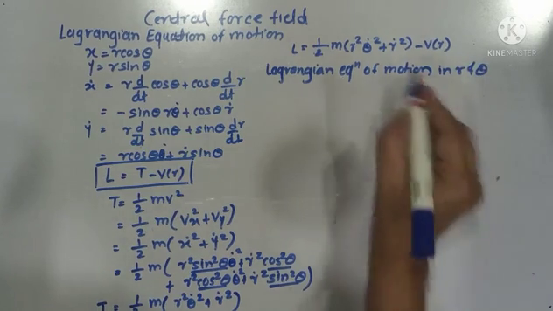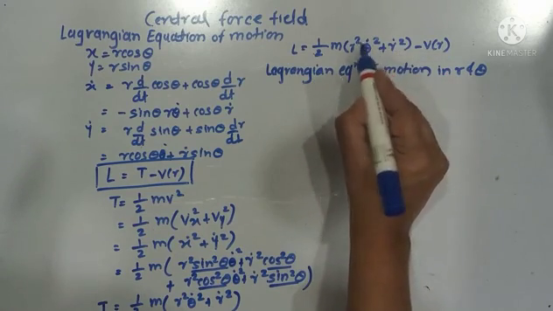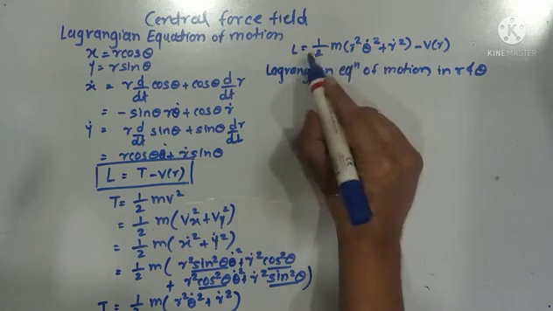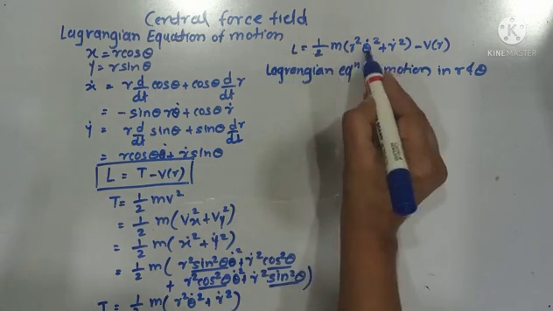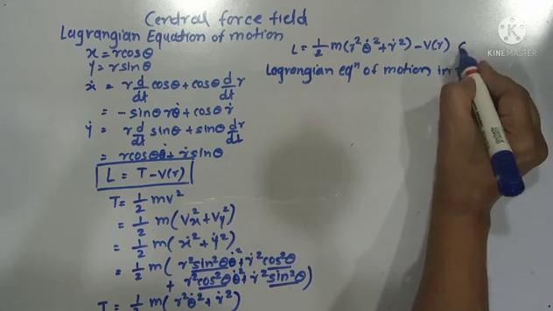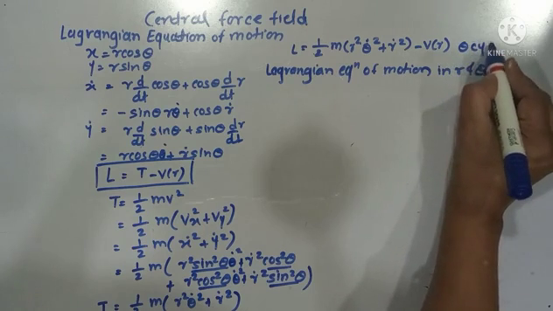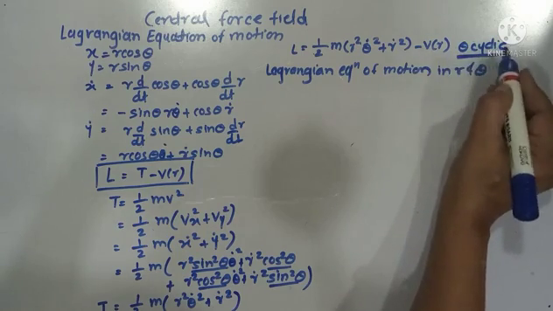Okay, and before that, here we can see that this Lagrangian L is independent of theta, or I can say that in this case theta is a cyclic coordinate. Remember this.